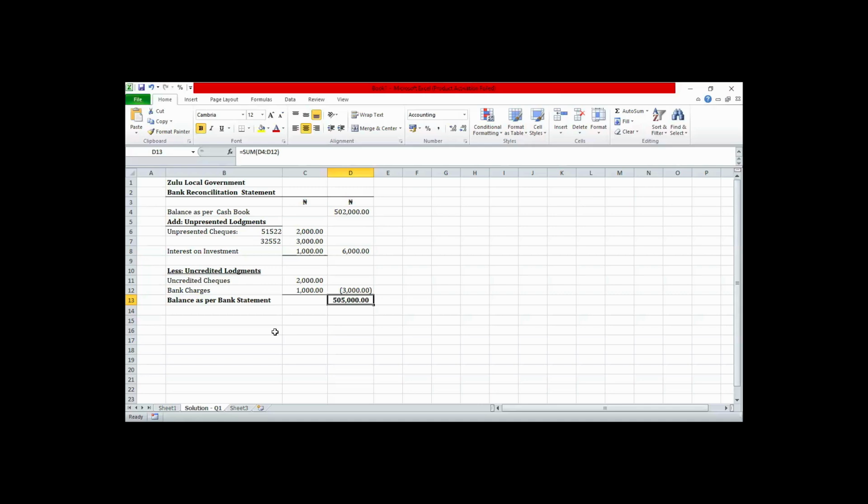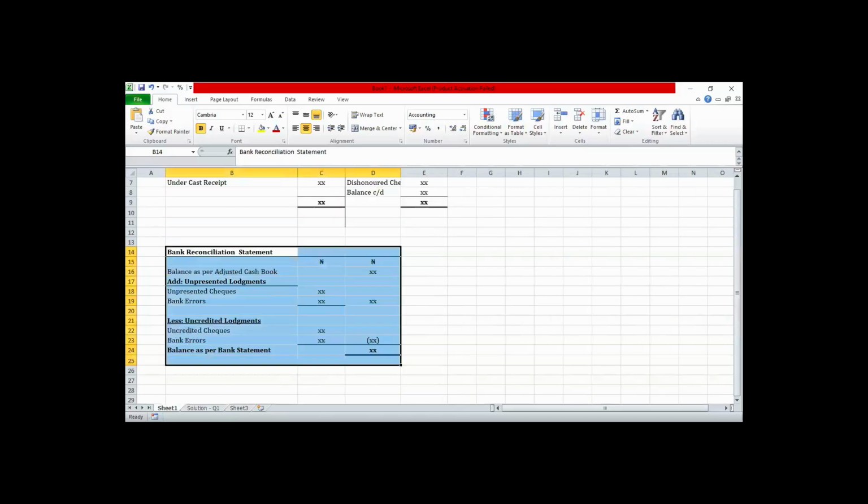Can you do the second question yourself? Look at the second question. What do you say we should do there? Adjusted cash book and bank reconciliation statements. Okay.